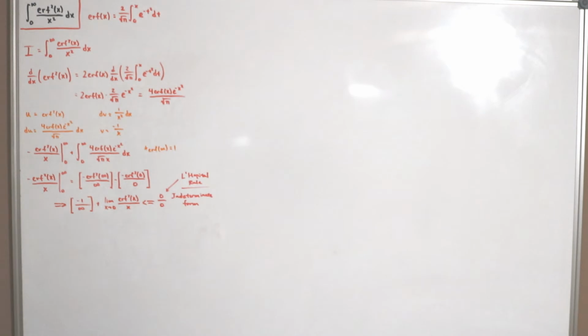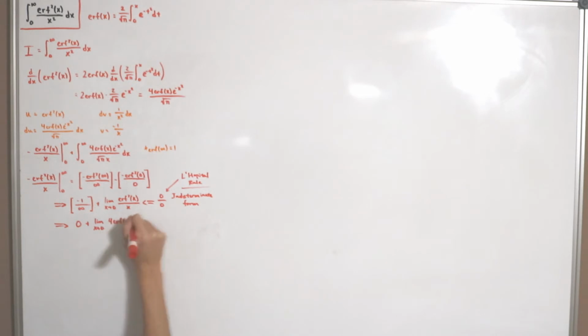That means we have to take the derivative of the numerator and the derivative of the denominator. So I'll just keep going. This is 0 over here, and then plus the limit as x approaches 0. The derivative of the error function squared of x, which we said was over here, and the derivative of x is just 1. So really we're just left with the numerator itself.